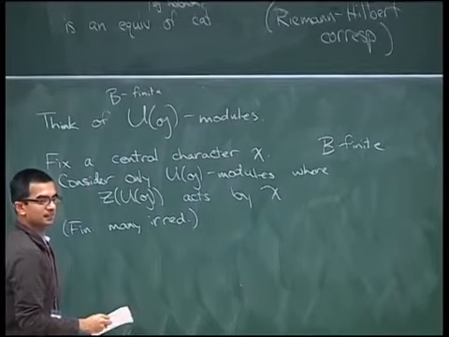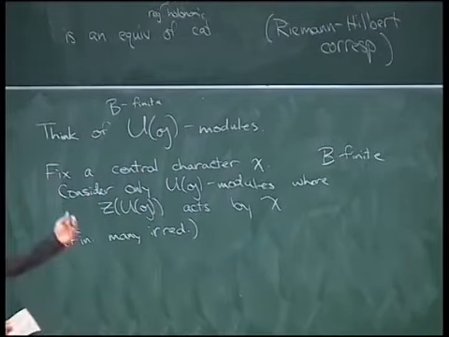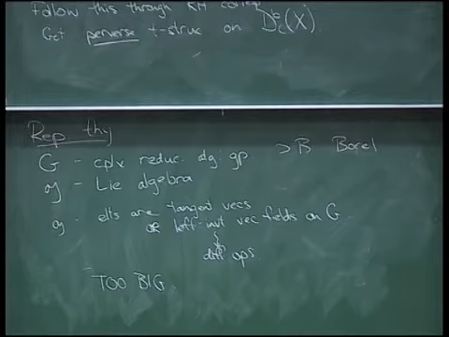Well, H diagonalizable. H diagonalizable, yeah. And then perhaps you want a parabolic subgroup of the group. If you want a parabolic subgroup, then your character should be integral. Yes.